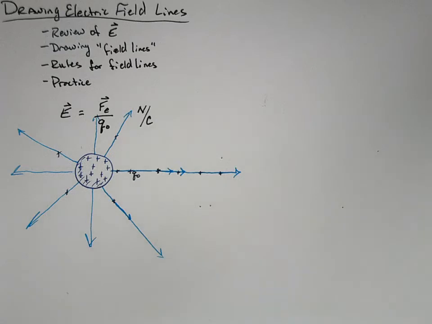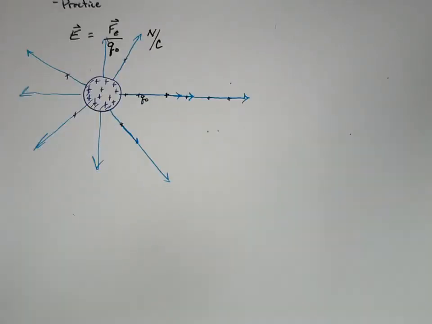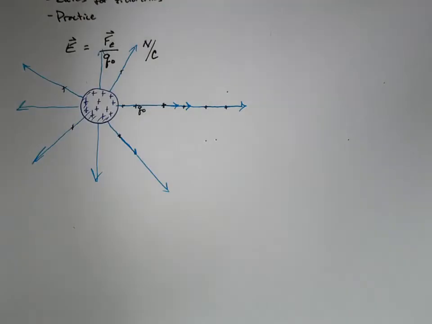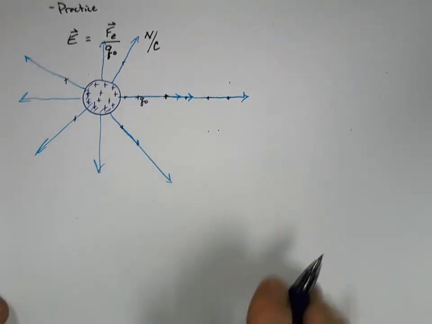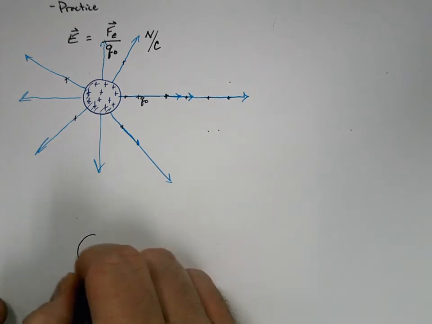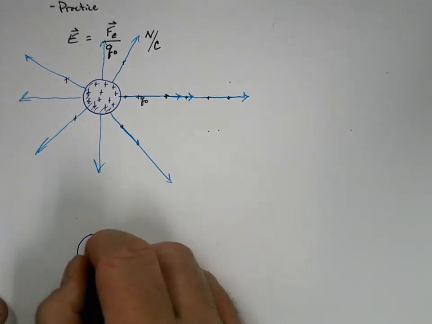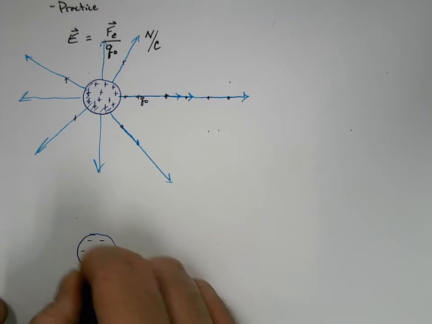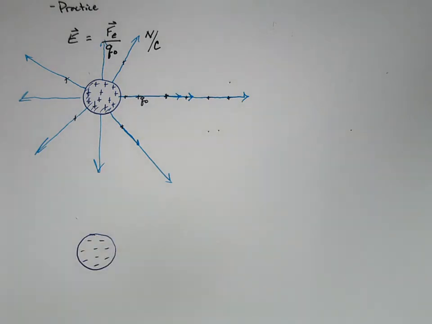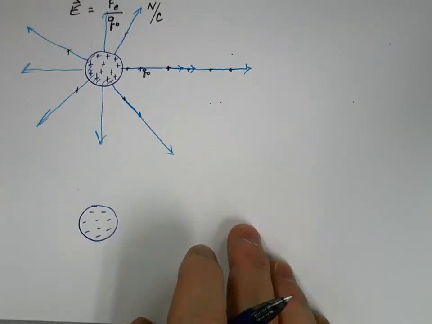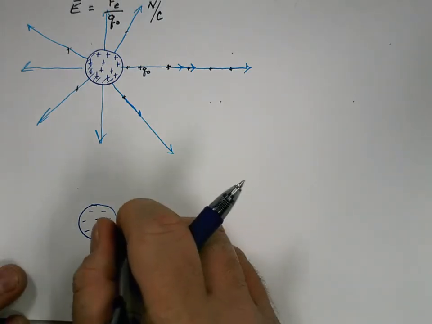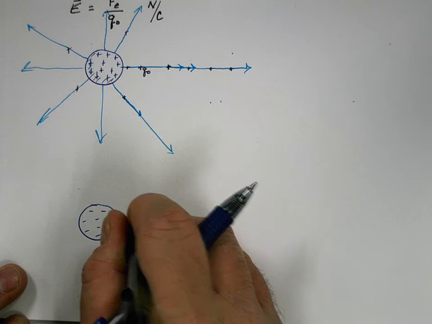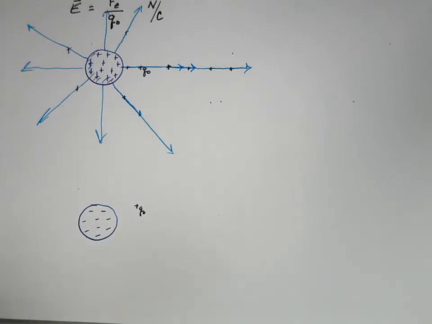One of them, and we'll demonstrate that with our next drawing here, is: what do you think would happen if we had a negatively charged particle, and near it we bring a positive test charge?